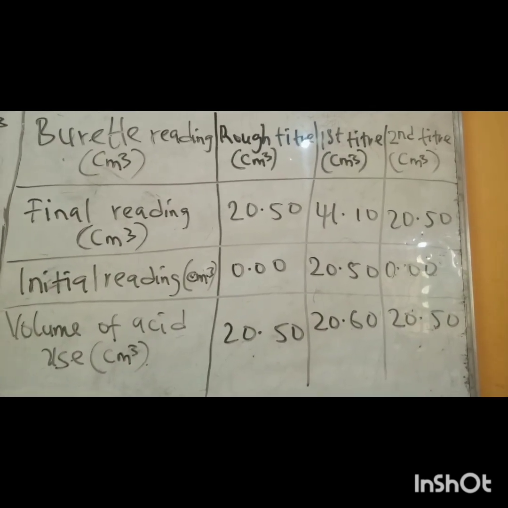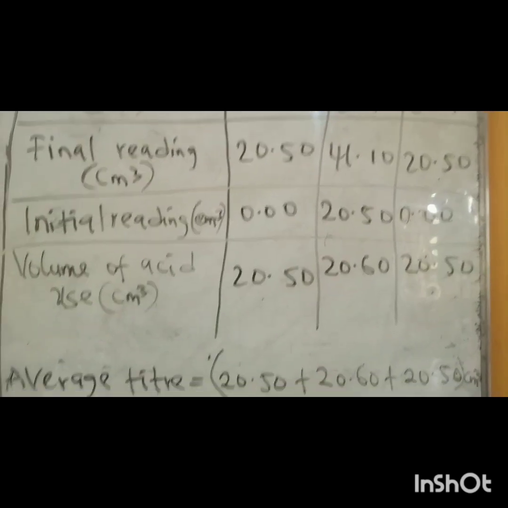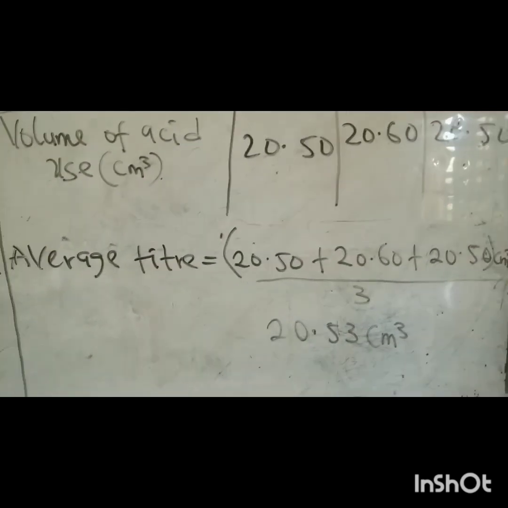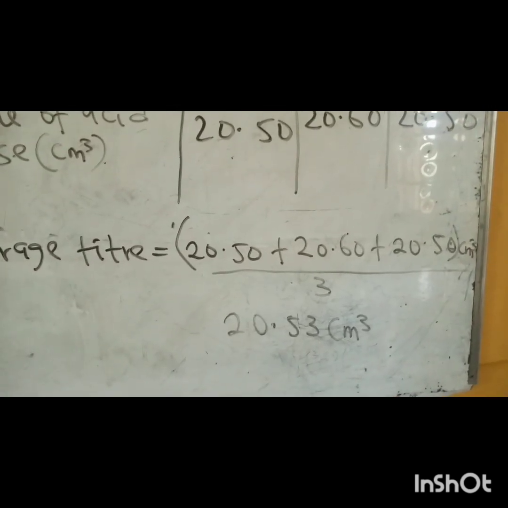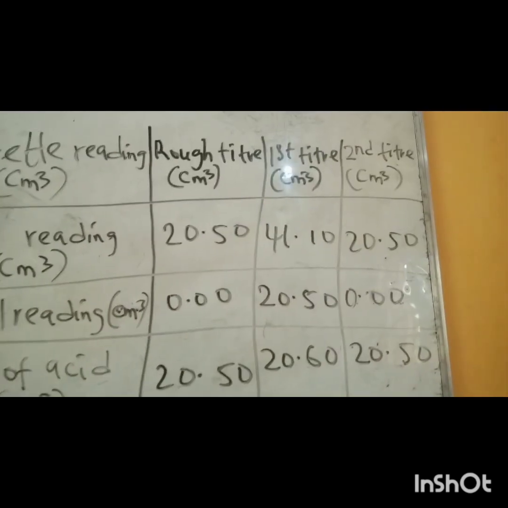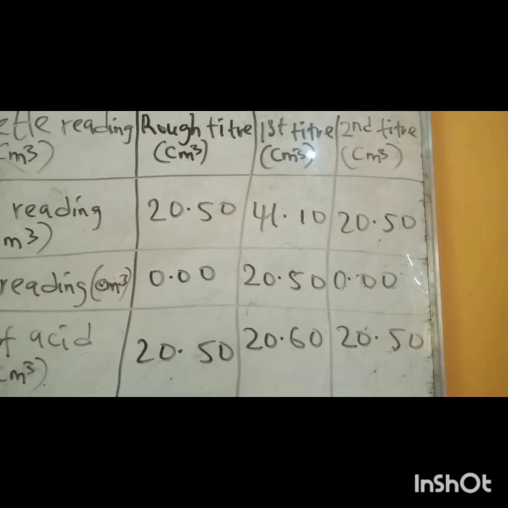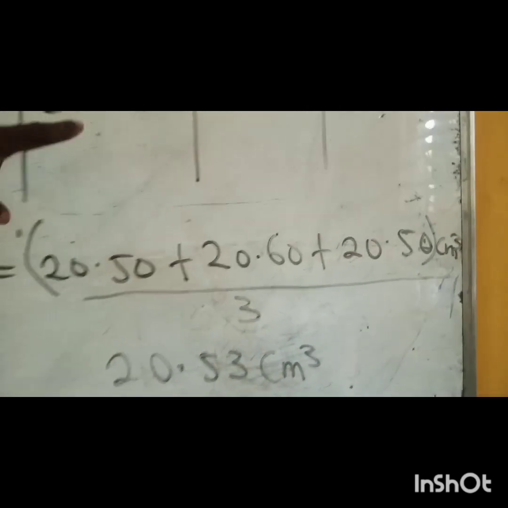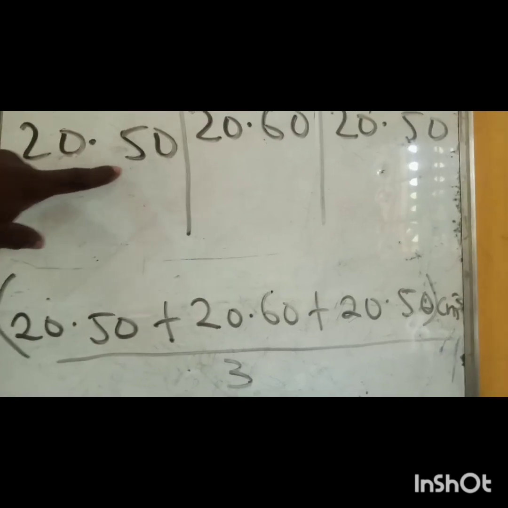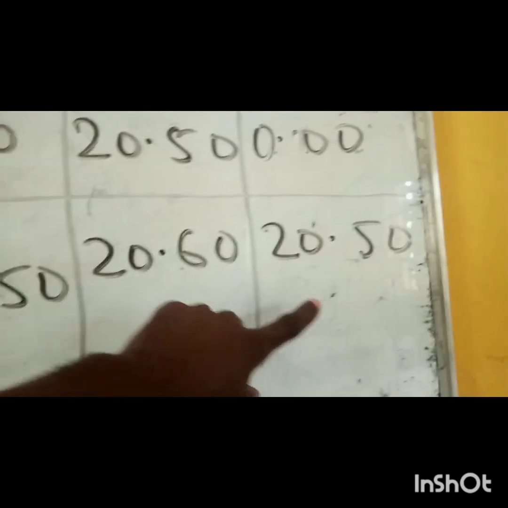So we have the initial reading, which is 0.00. After your titration, you now calculate the average volume of acid, which is the average titer. You have the rough titer, the first titer, and the third titer. You take the average, which is the volume of acid. We have 20.50, and we have 20.60, and 20.50.